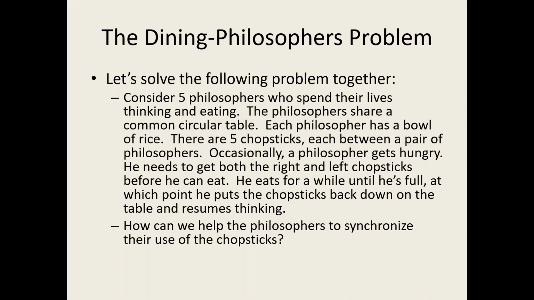So when the philosopher gets hungry, then the philosopher should get hold of the left and right chopsticks. Then he can eat. That is the way that the philosopher will eat. So here, these left and right chopsticks are the resources.